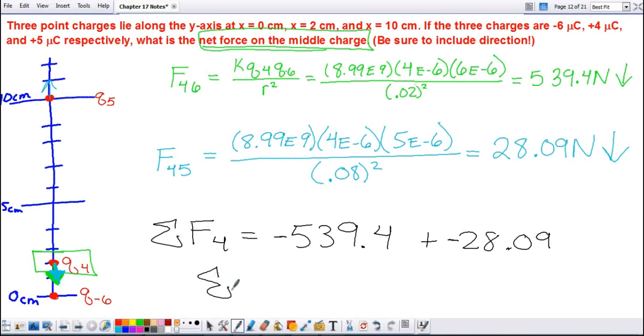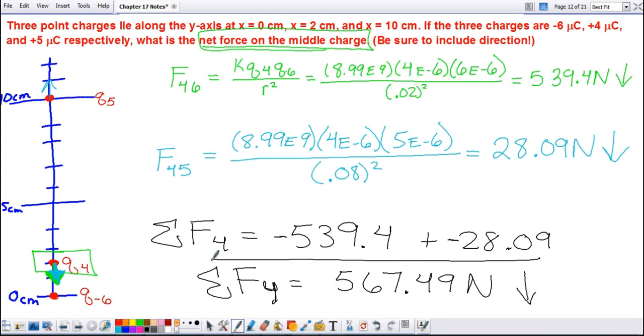So the net force on charge 4 is 567.49 newtons. If you want to put the negative in, you can to signify it's going down, or you can draw an arrow. But they are going the same direction, so it's going to add them together when we put them together.